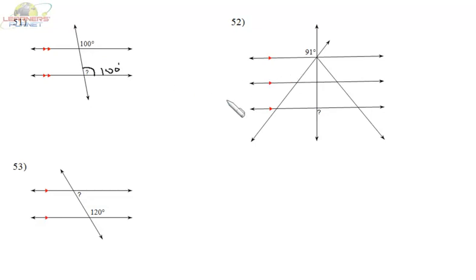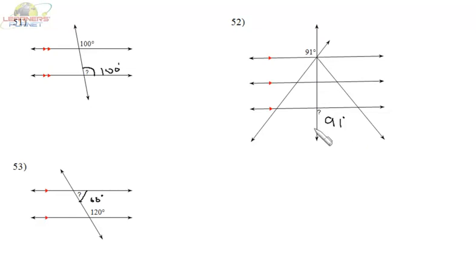So clear? Here we see 120 plus this angle, both of them are interior angles. So the sum of interior angles between these lines will be 180. So if it is 120, it will be 60. Okay. Here in this case, if it is 91 degree, even it will be 91 degree, since both of them are alternate exterior angles.